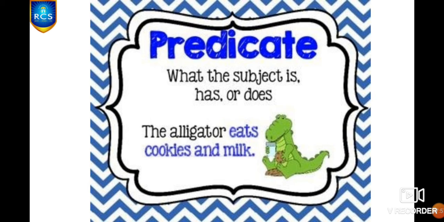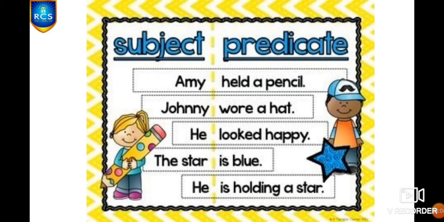The alligator eats cookies and milk. Here eats cookies and milk is predicate. Are you all clear, children? And here they have given you so many examples of subject and predicate. Amy held a pencil. Amy is subject, held a pencil is predicate. Children, you can refer to these examples so that you will be more clear about this.